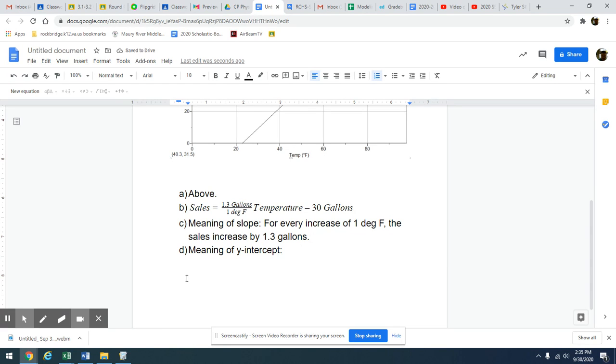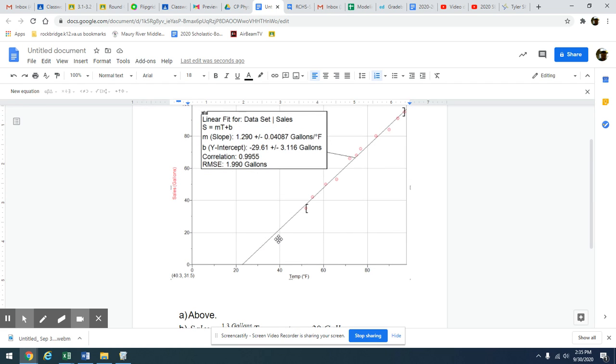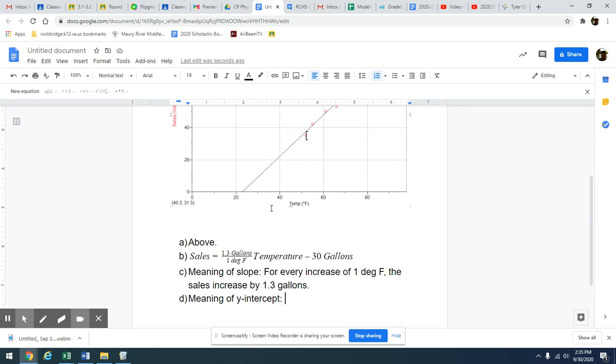That's good for this guy to know. Yeah, if he's got a weather forecast and he's going to sell some soda at the Little League game, that's good information right there. What's the meaning of the y-intercept? In this particular case, the y-intercept is a little bit kooky. It is negative 30. So what does that mean? The y-intercept is how much of this sales we have when this is 0.